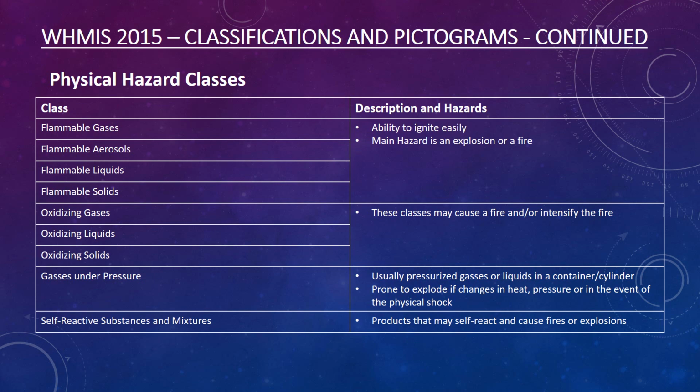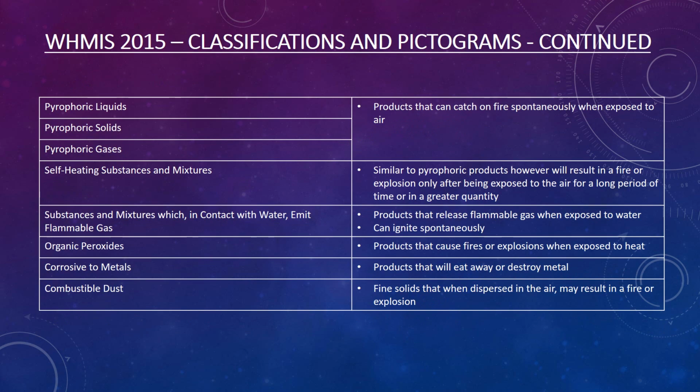Description and hazards: products that may self-react and cause fires or explosions. Pyrophoric liquids, pyrophoric solids, pyrophoric gases. Description: products that can catch on fire spontaneously when exposed to air.